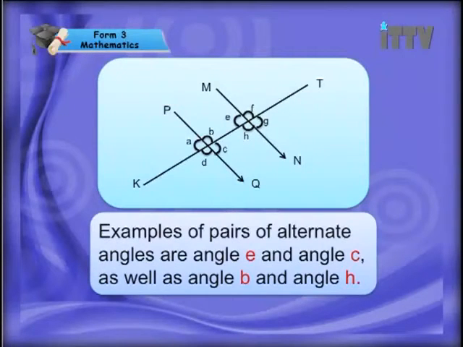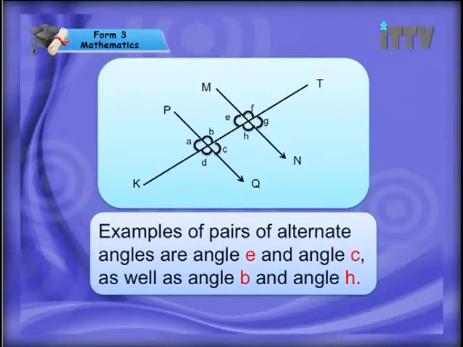Well, boys and girls, let us now look into the concepts of alternate angles. Let us turn our attention to the diagram. We have two parallel lines, that is PQ and MN. The examples of pairs of alternate angles are angle E and angle C. If you look very carefully, angle E and angle C would be alternate angles.